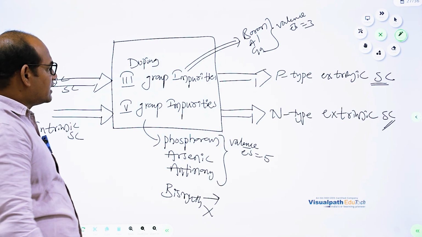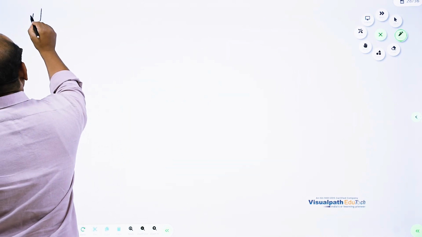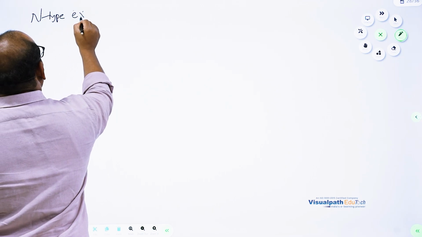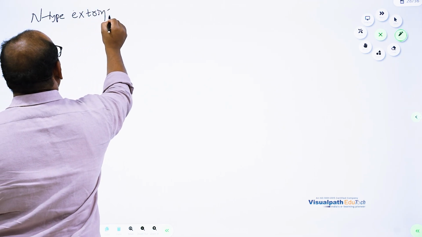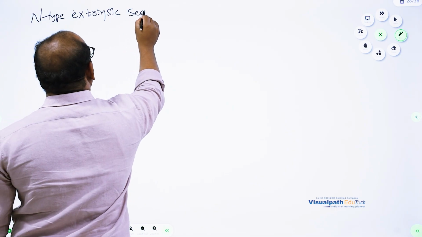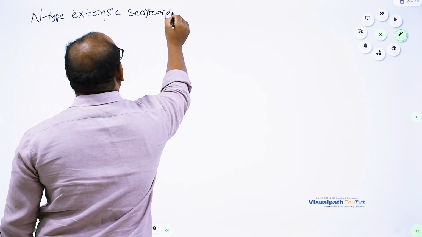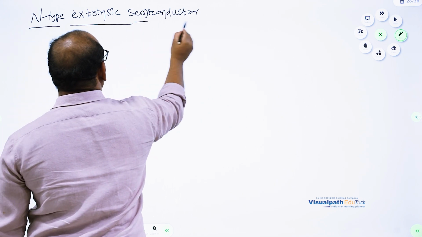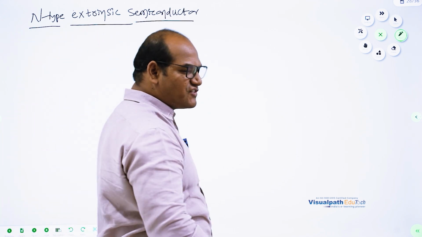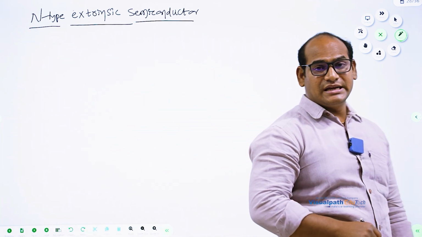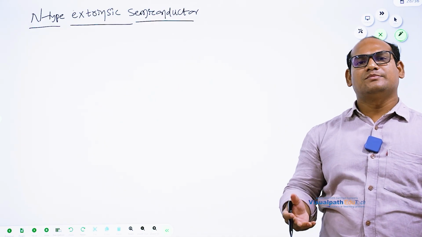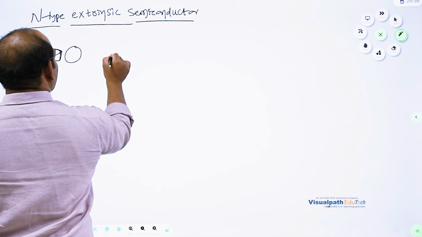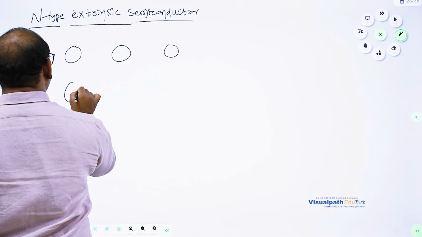Now we will see exactly how this N-type extrinsic semiconductor can be created. As I said earlier, fifth group impurities we have to add to the intrinsic semiconductor. Intrinsic means again you can take silicon. So I am taking silicon crystalline structure.